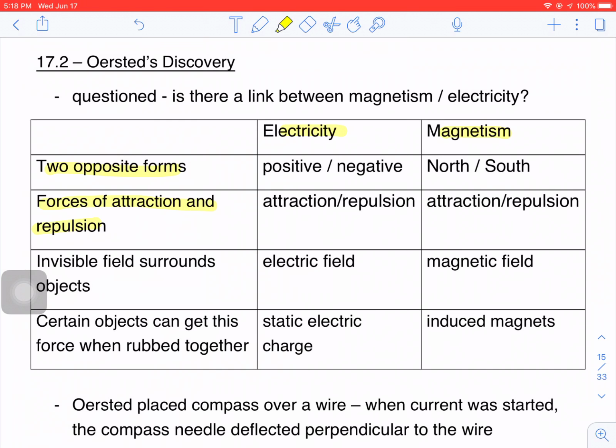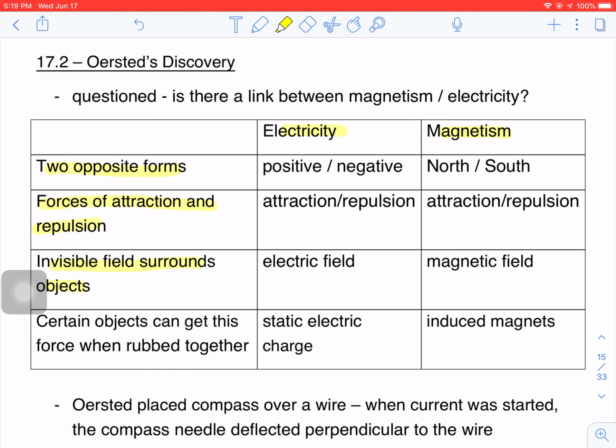If they're both formed in the same form, we'll have repulsion, and if they're in the opposite orientation, we'll have attraction. In other words, positives and negatives will attract, positives, positives, negatives, negatives will repel. Norths and souths will attract, north, north, and south, south will repel. They're looking very similar. They both cause invisible fields that will surround the objects that are generating them, right? And they have direction and they have shape, right? Again, very important, seeing that the two are very, very similar.